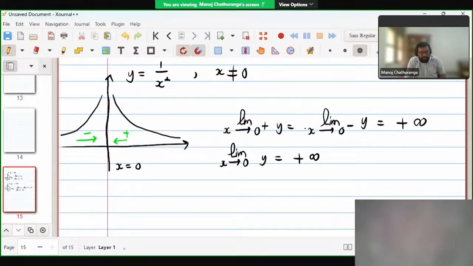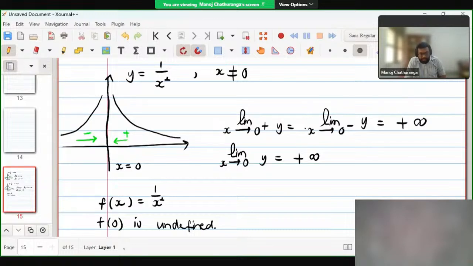If you take f of x to be 1 over x squared, then you cannot substitute 0 into this function. This is undefined. You cannot find a real number.